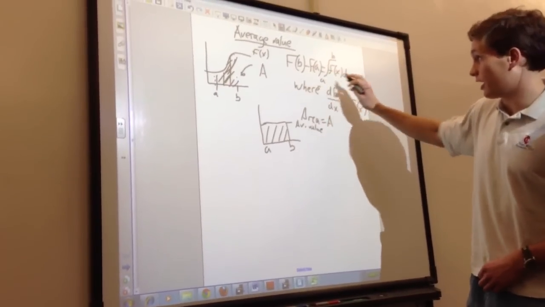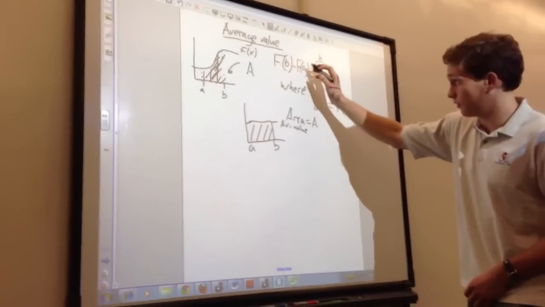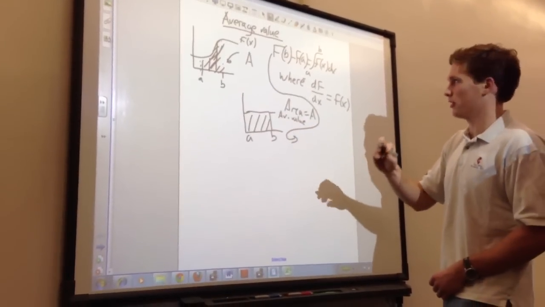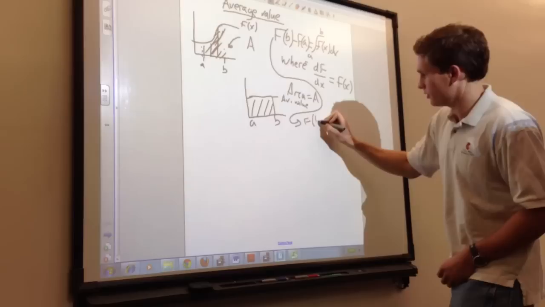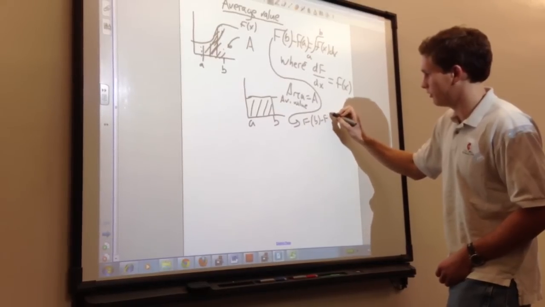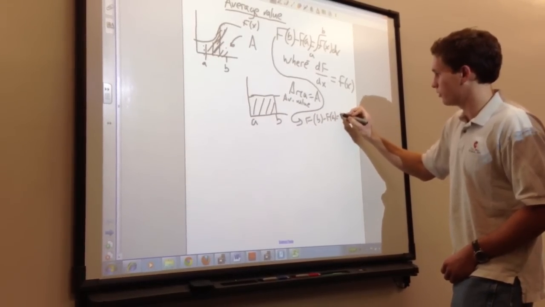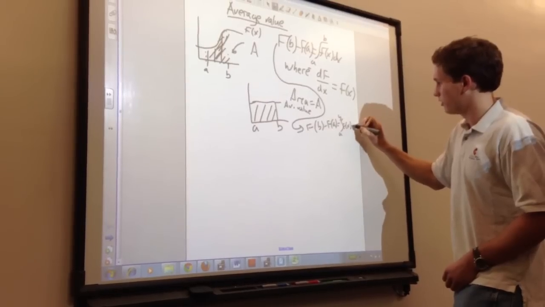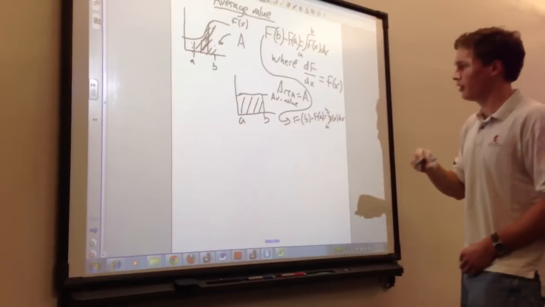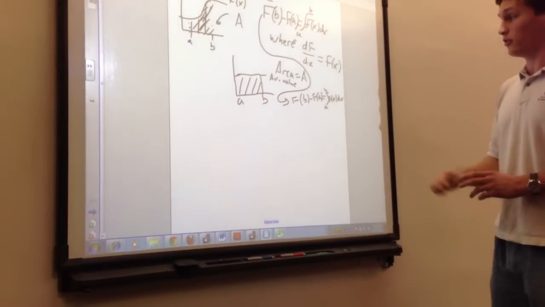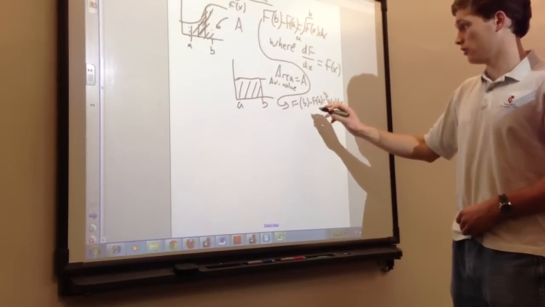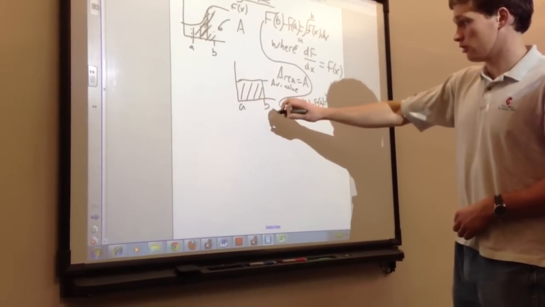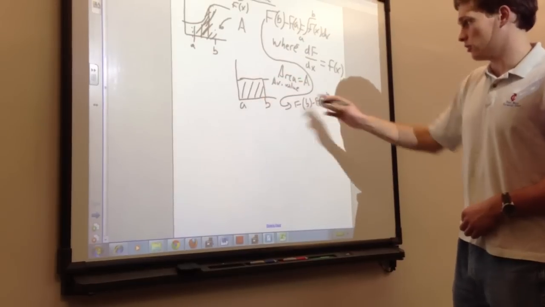And now, I'll rewrite this fundamental equation all the way down here. F of b minus F of a equals the integral from a to b of f of x dx. Now, since these are both the areas, we could just divide out b minus a, which is the interval.